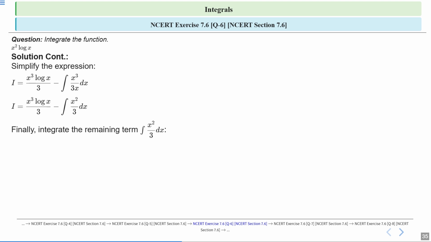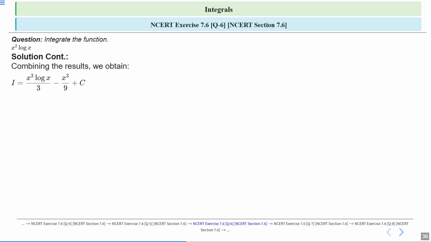To get the final answer, we have to integrate x square by 3. The integration of x square by 3 dx is equal to 1 by 3, the constant term comes out of the integral, and then integration of x square is x cube by 3. So 1 by 3 into x cube by 3, that is x cube by 9.